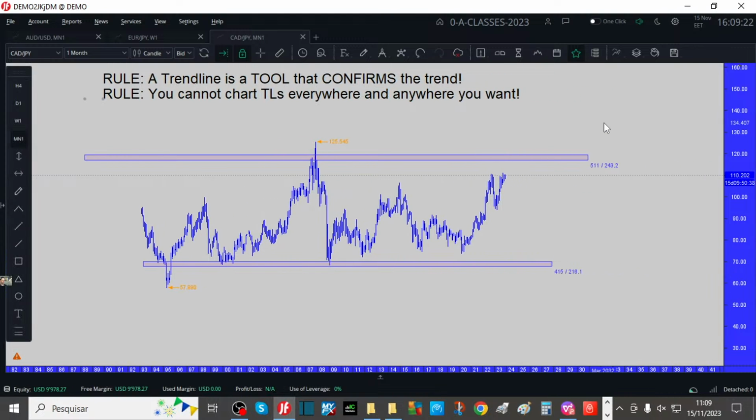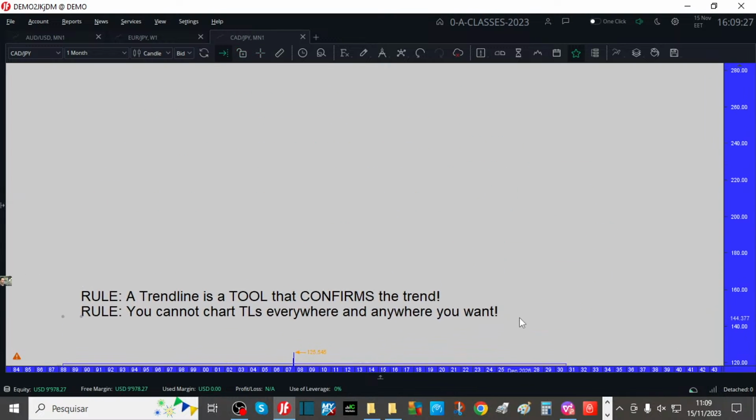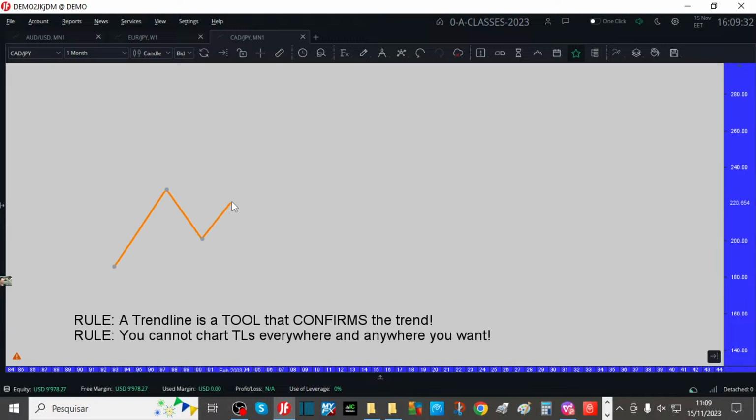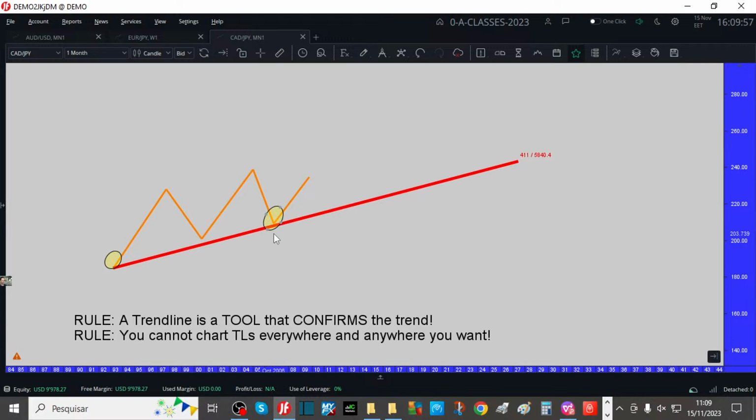All right. Now, sometimes the market is going to make a high, and now it's going to be beautiful. Then you are going to start from here and extend your trend line, and in an uptrend you are going to connect the lows. You connect this low and that low.